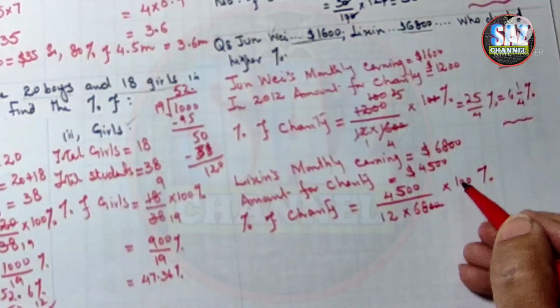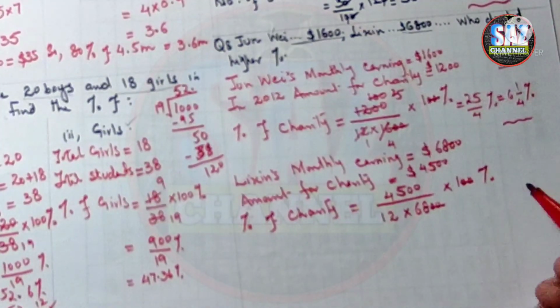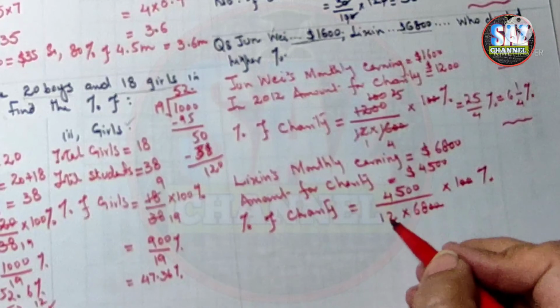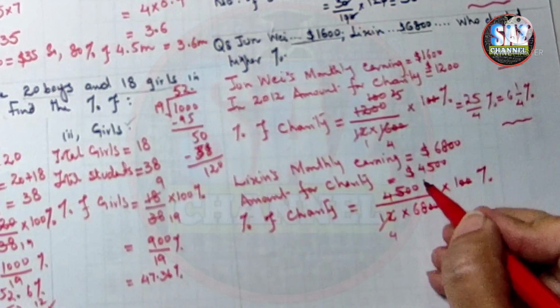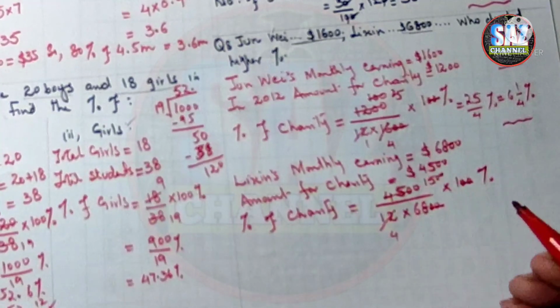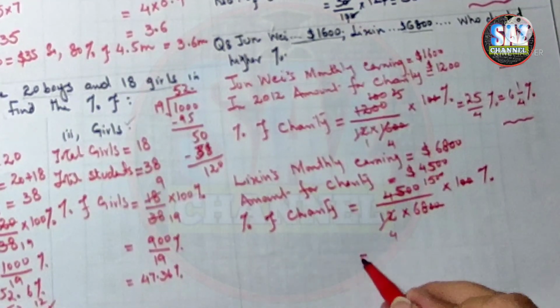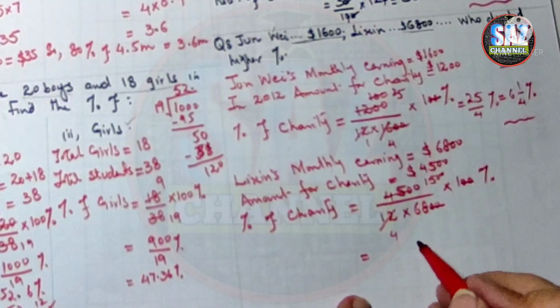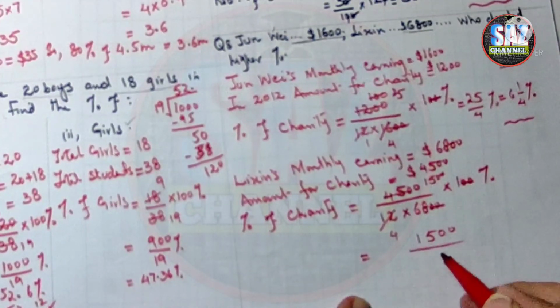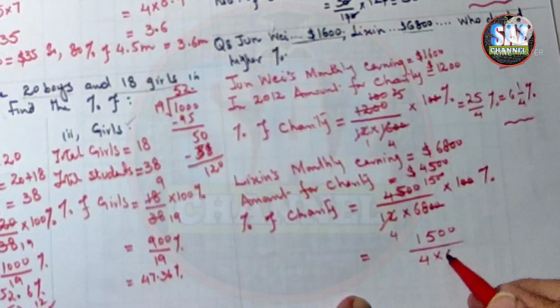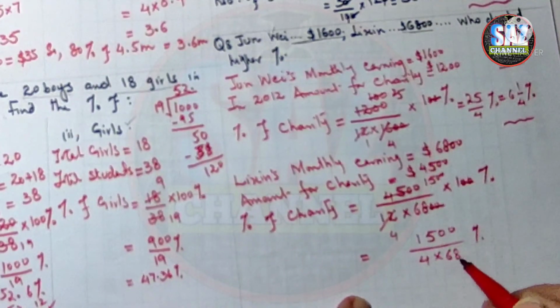Zeros can go easily, and then we are left with 3 fours and 3 ones are 3, 1,500, and let me perform the calculation here so the students can see this. 1,500 divided by 4 multiplied by 68%.